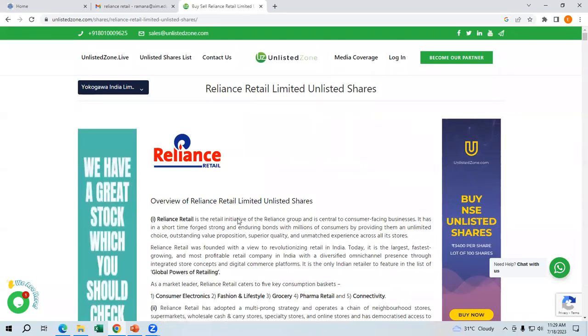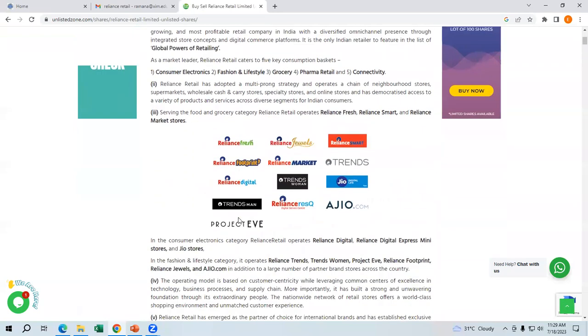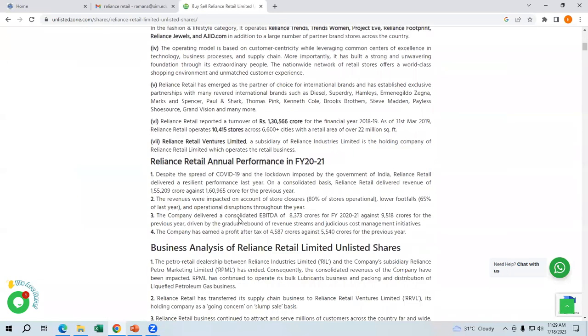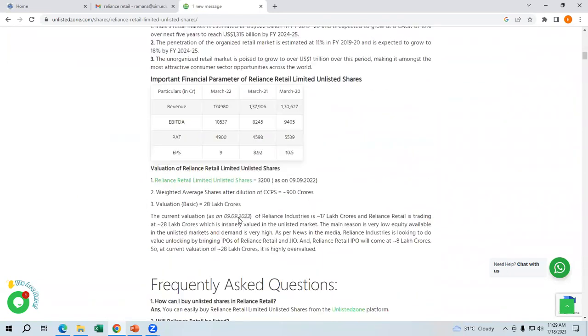On one of these sites where I could lay my hands, the price is, in 2022, slightly outdated, 3,200 per share. That means somebody is buying and selling the shares in the gray market, and it was being traded at 3,200. Different sites are there, you can have a look at them. So the price is 2,400 to 3,200.